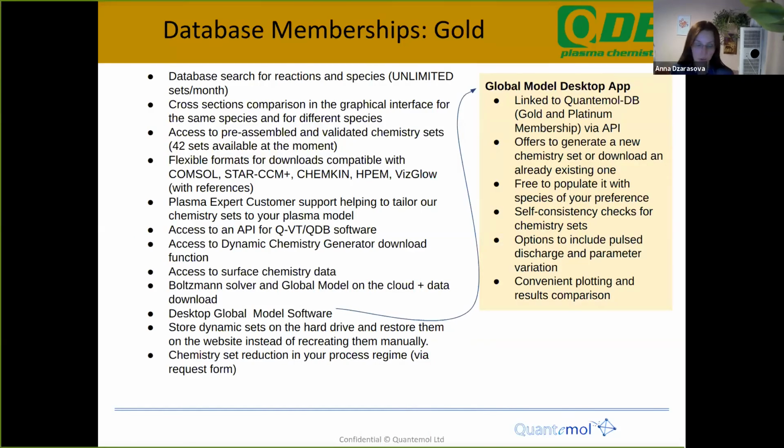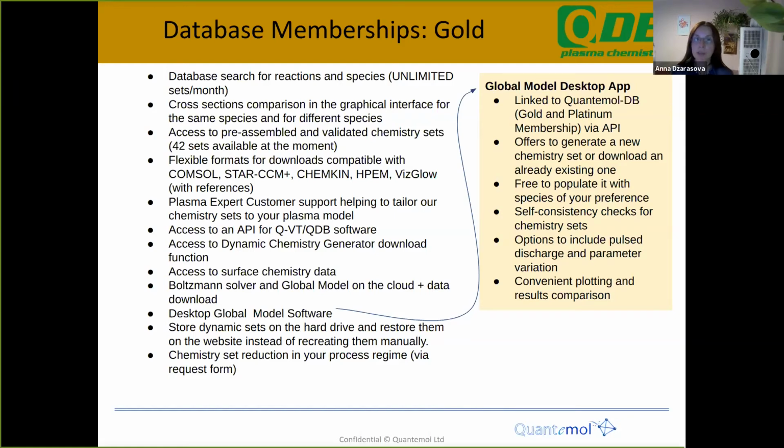However, Quantemol is a commercial organization, and we also provide additional services for people who may feel that they would benefit from extra support in working with plasma modeling and plasma chemistry. So we have 2 additional paid memberships. One of them is gold membership.